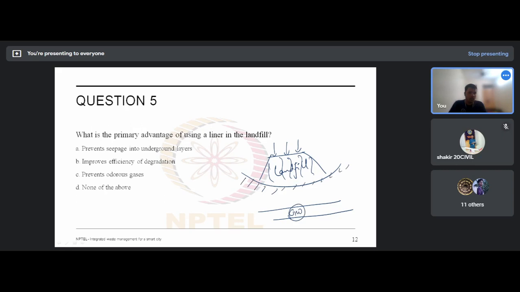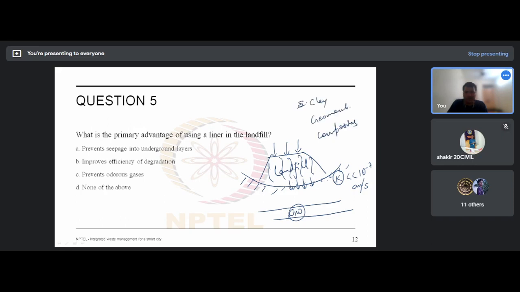This would prevent the entry of leachate into lower levels of soil or groundwater. Different components are used, such as compacted clay. We also use geomembranes, and nowadays composites have also come, which combine both of them. And some polymeric materials have also come, which are emerging now.